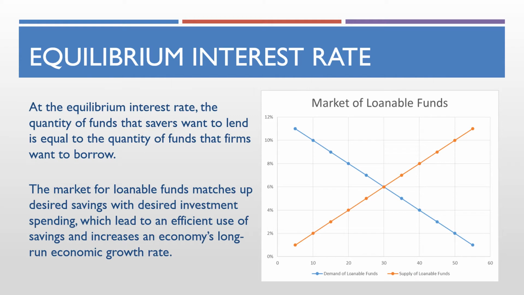In this market, both sides, the borrowers, which are the firms, and the lenders, which are the households, will ultimately find one efficient equilibrium point, so that a specific interest rate and a specific quantity of funding will be found in this market model.